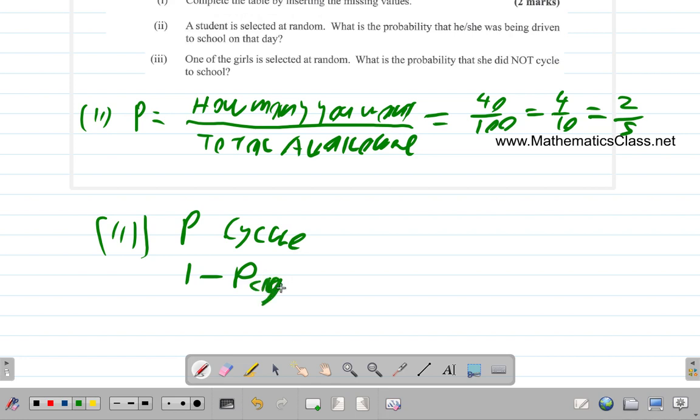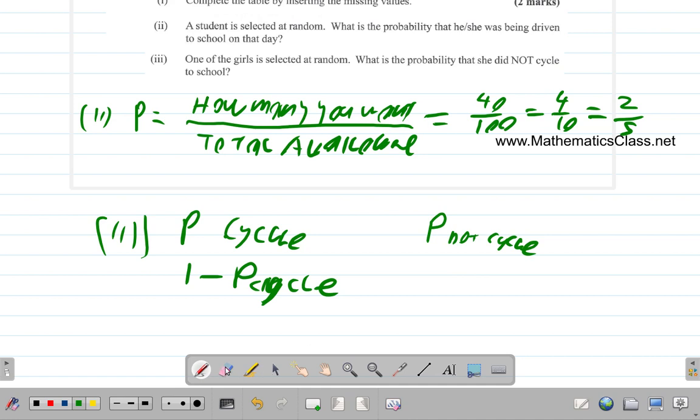I forgot how to spell cycle. C-Y-C-L-E. 1 minus the probability that the girl cycled. That gives you the probability that she did not cycle. Or another way you can do it is to say the probability of finding a girl that did not cycle.